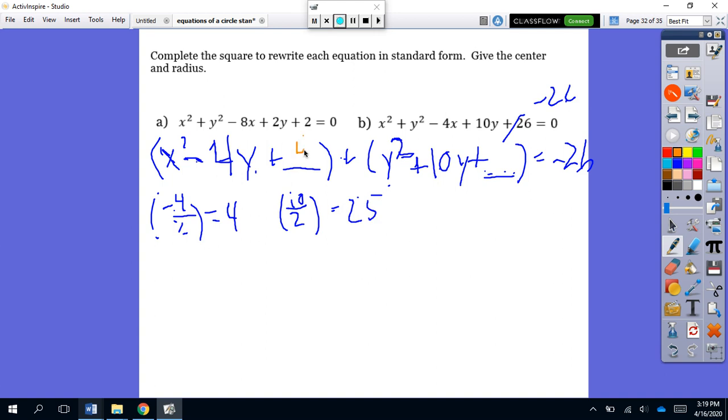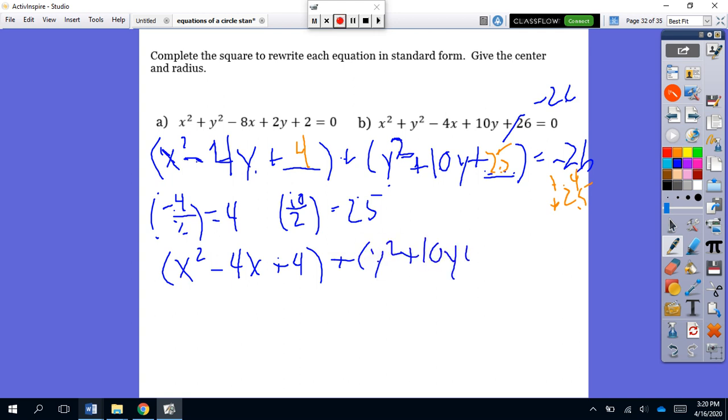So 4 goes here and 25. So plus 4 plus 25. Now we just write it out. So I've got x squared minus 4x plus 4 plus y squared plus 10y plus 25 equals 3.